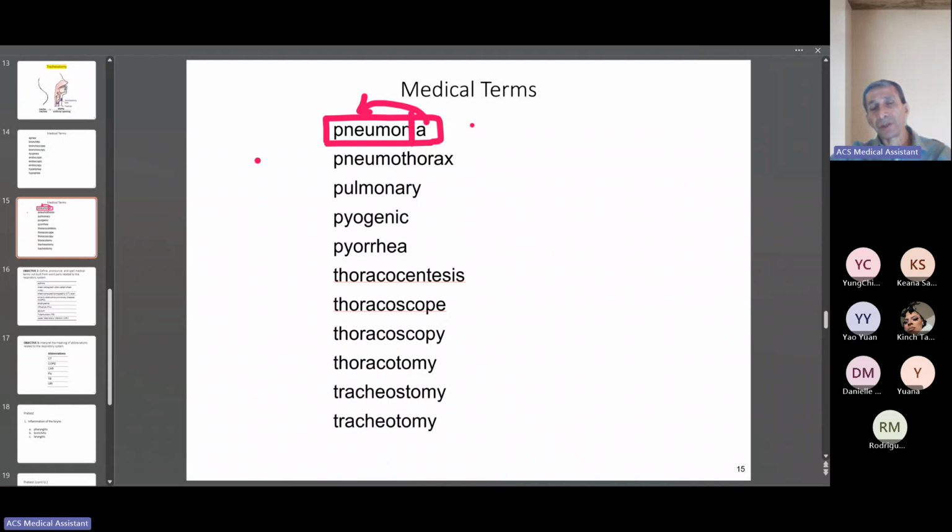So inspiration, expiration, inhalation, exhalation. Pneumonia can be caused by a bacterial infection or a viral infection. It's a serious condition; if it's not treated, it can kill you. That is pneumonia.